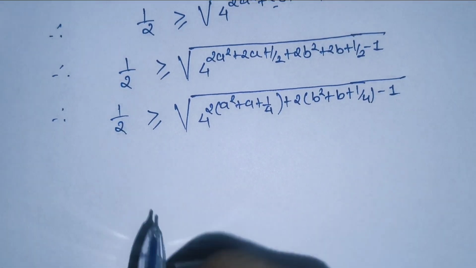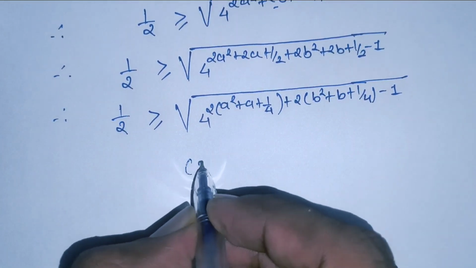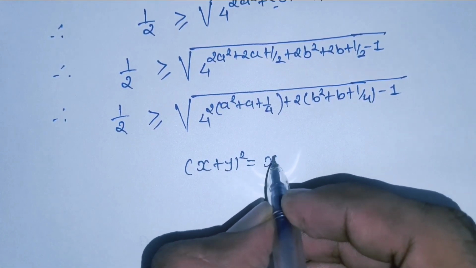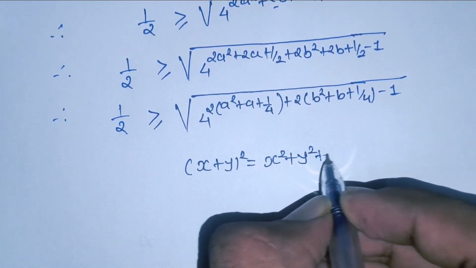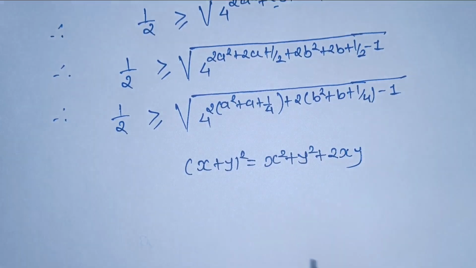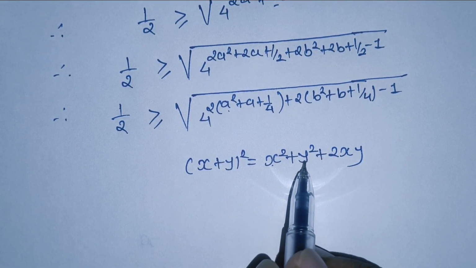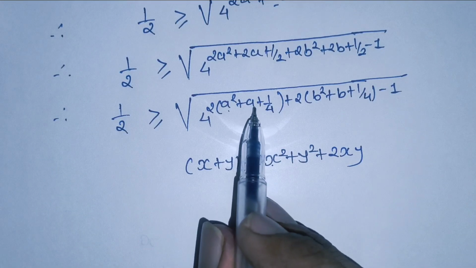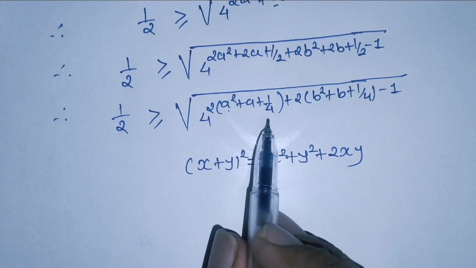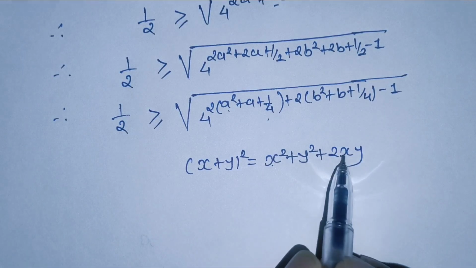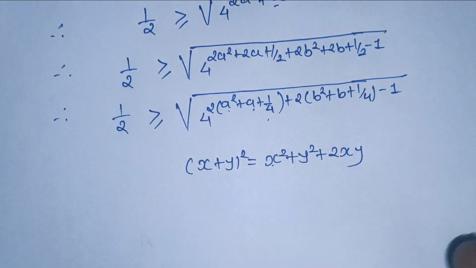Now use one algebraic identity: (x plus y) whole square is x square plus y square plus 2xy. If you compare with this, x is equal to a, y is equal to 1 by 2, this is 1 by 2 square, and 2 into x into y is a only.